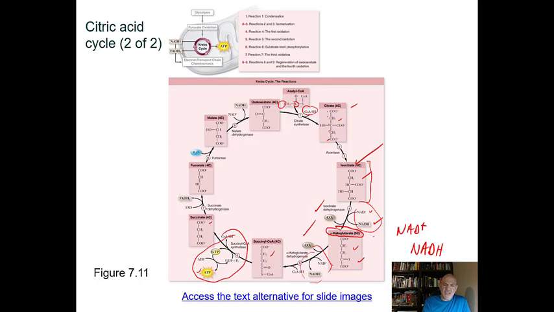Then we have our succinate. That's going to be going through an oxidation, so we lose another hydrogen from here, and that gives us fumarate. Here's where we generate our FADH2. Water comes in here. When that water comes in, we're basically going to add some hydrogens here, so there's sort of a reduction of fumarate to malate, and then immediately we go through another oxidation. So we lose another hydrogen to produce NADH, and then ultimately that gives us oxaloacetate.